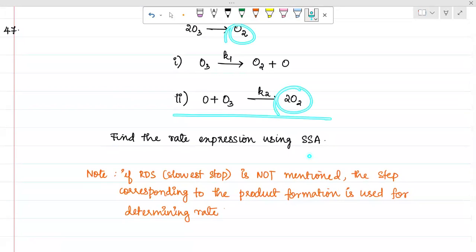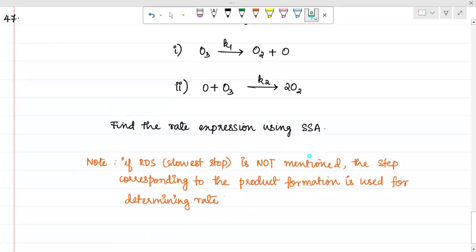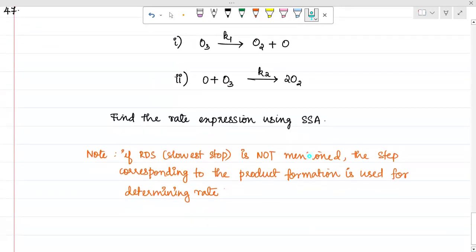So this is the product formation step, and we'll use that for writing the expression of the rate. So step 2 is the rate determining step, as that is the step where the product is being formed. So R is equal to K2 into concentration of O3 into concentration of O.